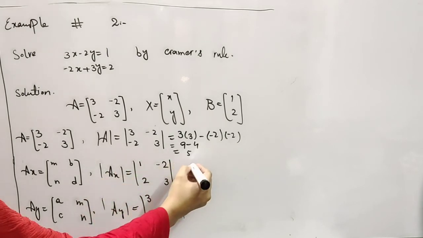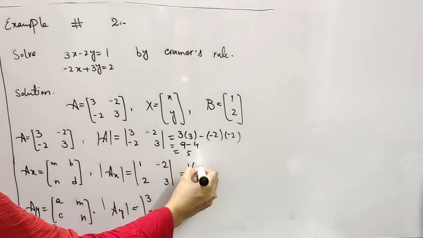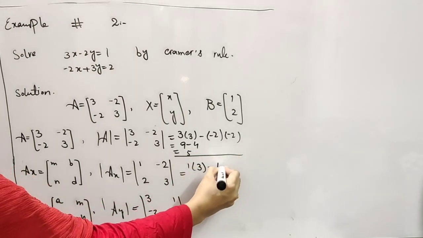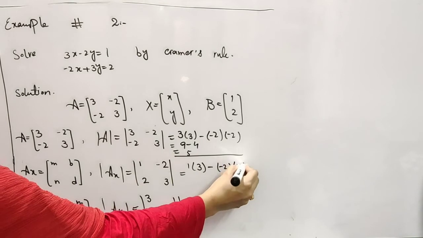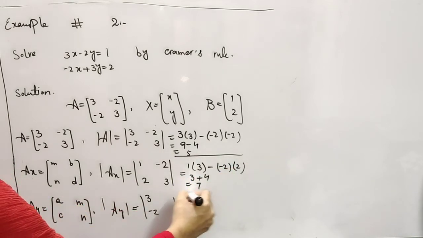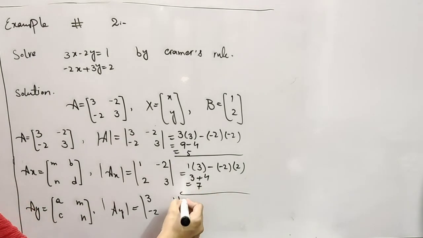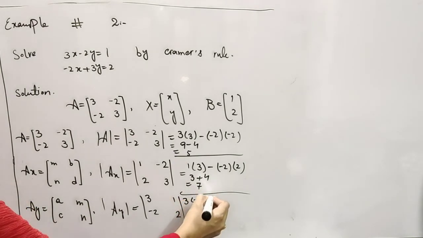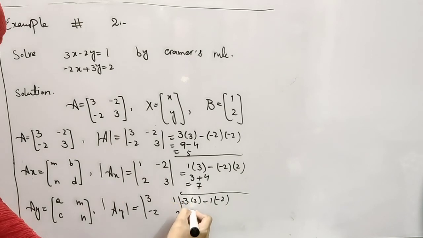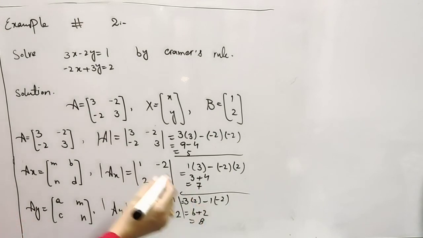Now the determinant of Ax is equal to 1 into 3 minus 2 into minus 2, 3 plus 4, which is equal to 7. The determinant of Ay is 3 into 2 minus 1 into 2. It will be equal to 6 plus 2, which is equal to 8.